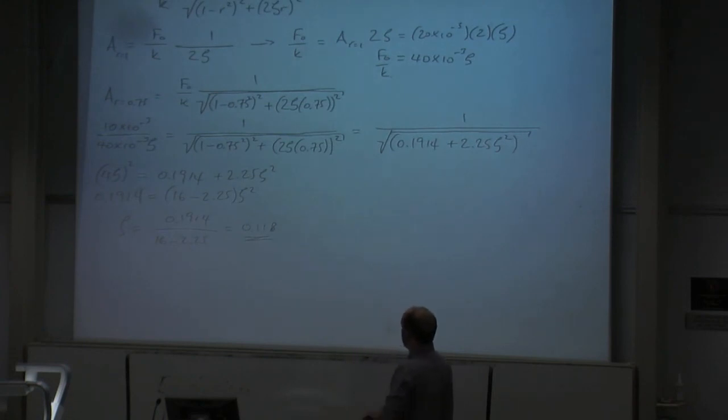Okay, 0.118 is the solution. So we found the amplitude for when R is 1 in terms of zeta.